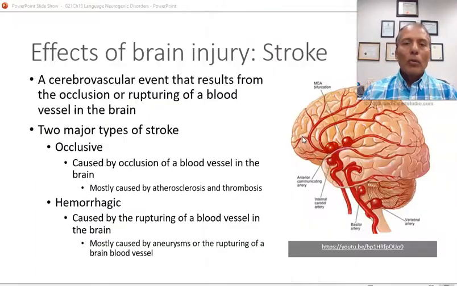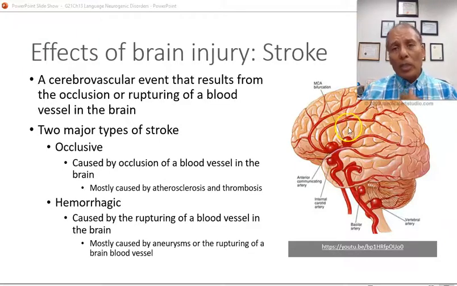So in terms of stroke, I explained that the major cause is a cerebrovascular event that causes deprivation, like of nutrition, for example, that deprives a particular area in the brain of the nutrients that come through the bloodstream. The brain doesn't store its own nutrients. It doesn't store its own food. So it depends on the blood supply.